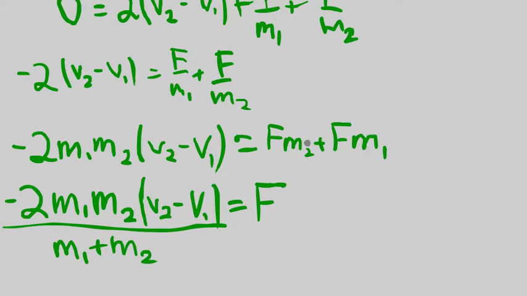And if you were to factor this part right here, I could actually write it out here. Factor the f out of both m1 and m2, you would get this. And basically what I do is I divide both sides by m2 plus m1, and you get this equation right here.